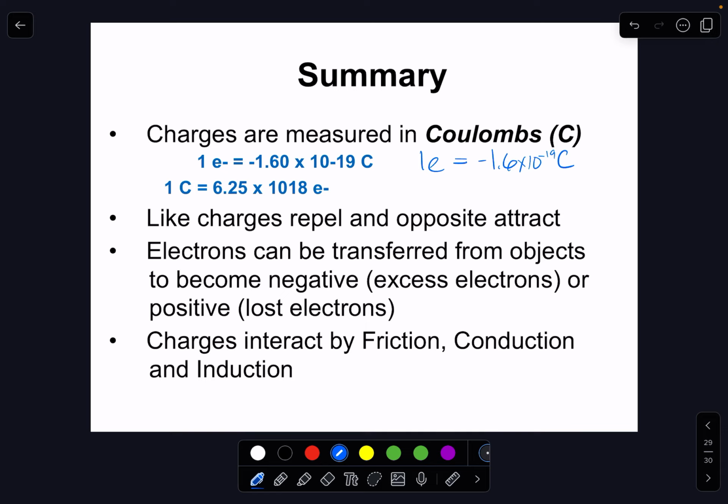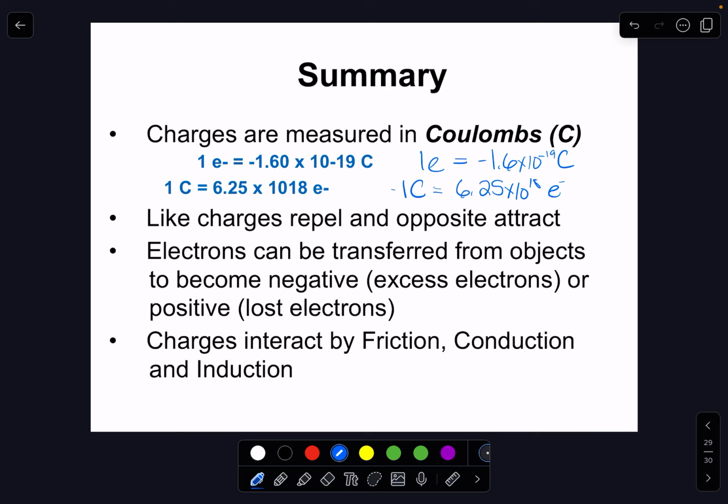We also know that 1 coulomb is equivalent to 6.25 times 10 to the 18 electrons. Okay, and that's a negative coulomb. If it was positive, then it'd be protons. All right, that number we're not going to use as much. You're going to use it in your homework this week, but not a whole lot throughout the rest of the semester. It's more the charge of an electron and a proton.